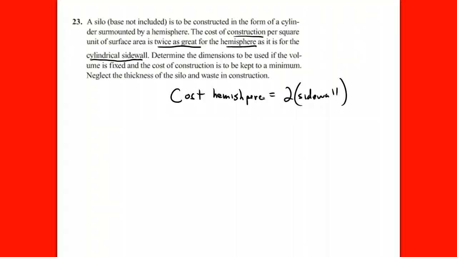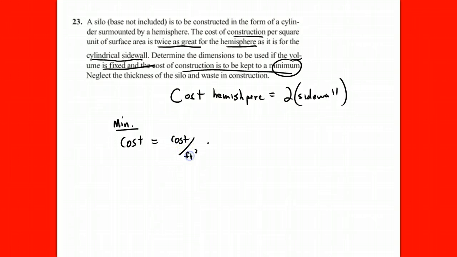So the main idea is that the volume is fixed. Whenever you have an optimization, you want to find the thing that you're trying to minimize or maximize: cost of construction. And cost is made up of the cost per square foot times the square feet.